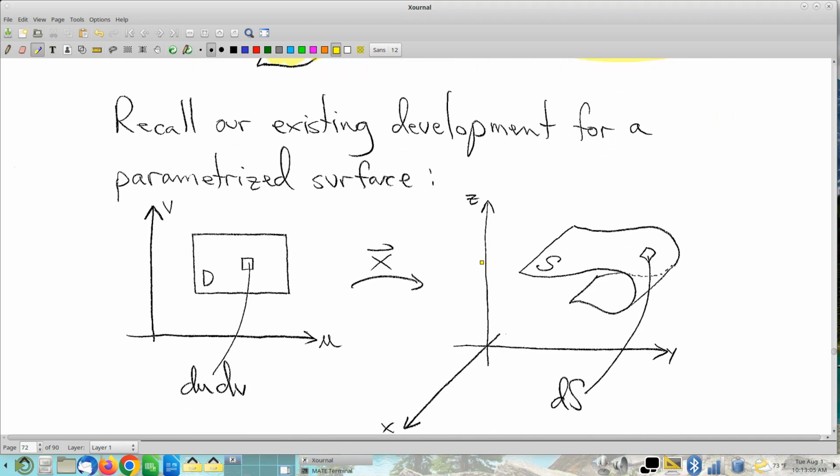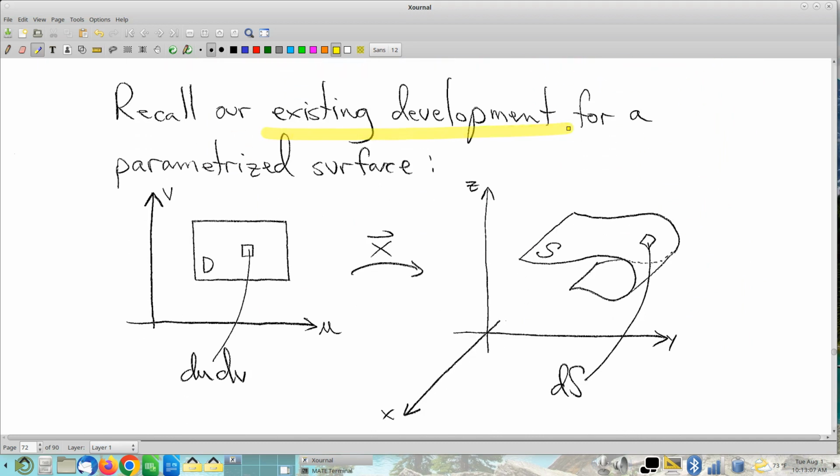We already have a lot of tools developed for doing computations on surfaces. You'll recall not long ago we entertained the question of how to compute the surface area of a surface, and in general how to do a scalar surface integral. The big idea was to say, well, chop it up, add it up, sure, but that summation is hard.